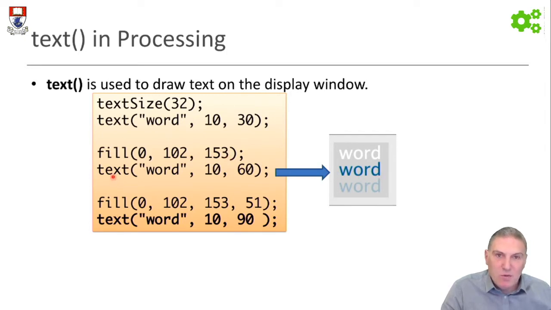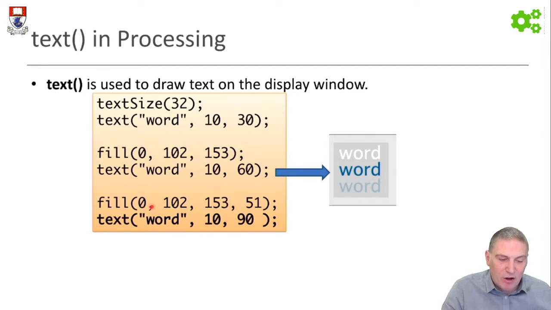And then again, we use text word, 10, 60. So that's going to print the word, same X position, over 10, but instead now we're coming down 60 in the Y value in order to print it. And finally, we have another fill to change the color. This time we're putting in an alpha, so we haven't seen this before.